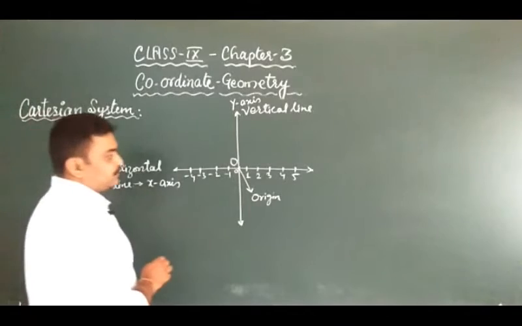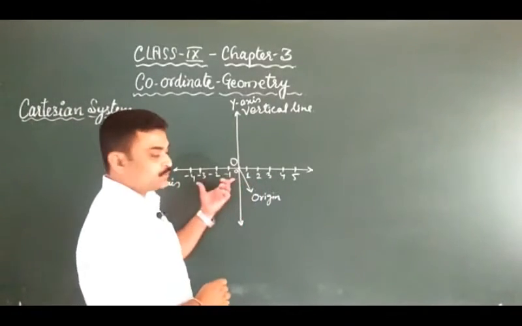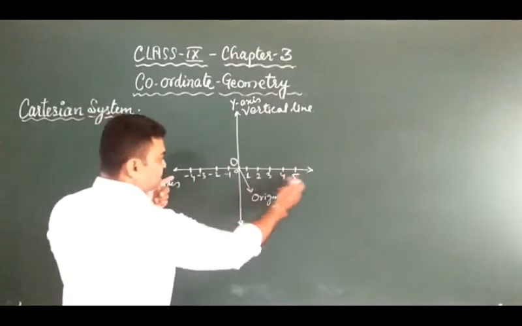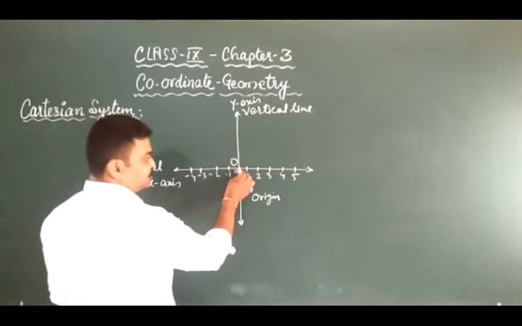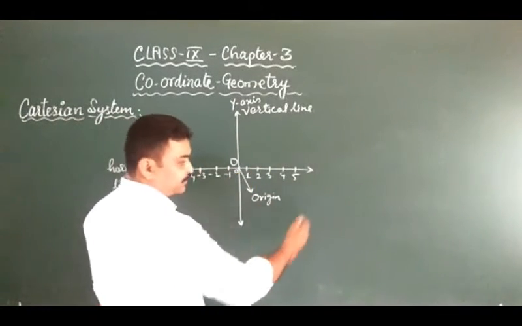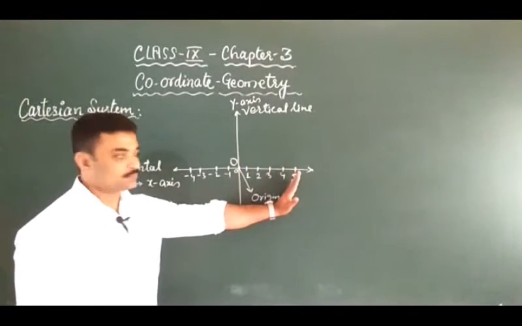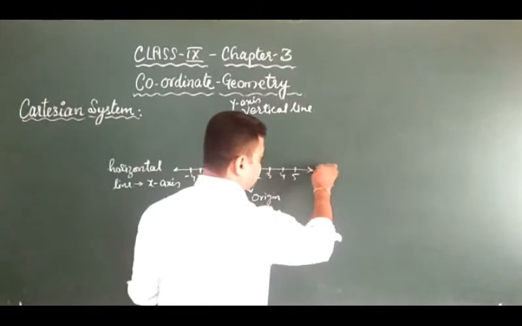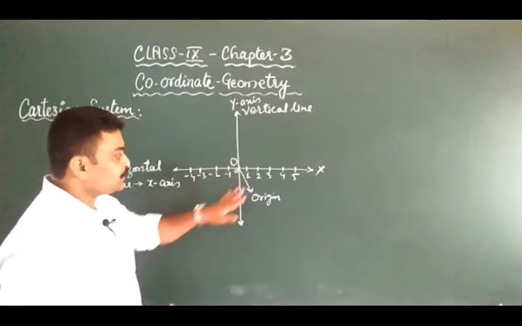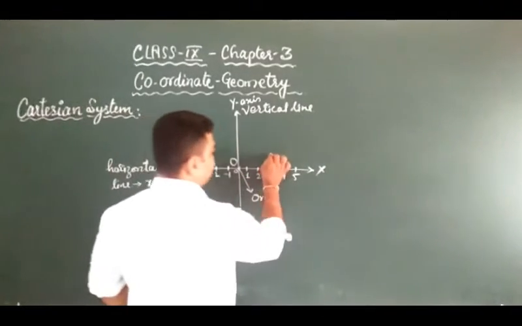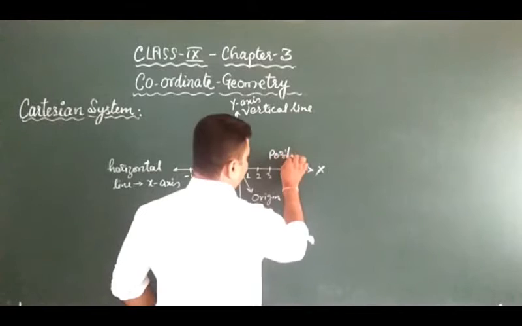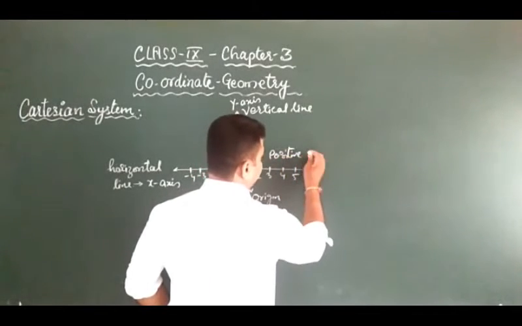So here, this horizontal line is called x-axis, but you can see in the right part from 0 to x, all the numbers are positive, so we will write here positive x-axis.